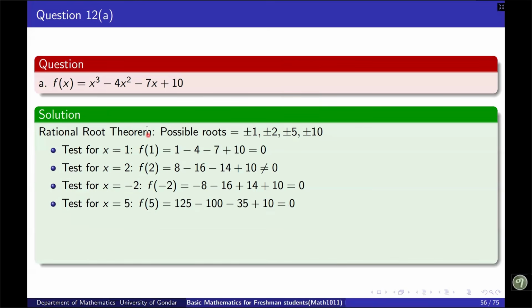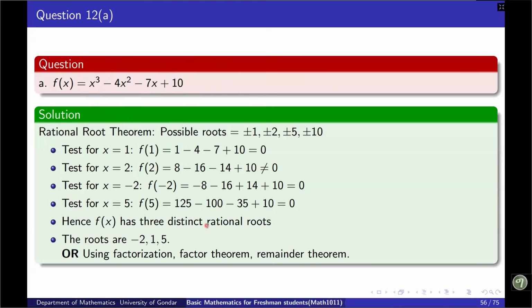Therefore, all the rational roots of this polynomial function are 1, negative 2, and 5. Hence, f of x has 3 distinct rational roots: minus 2, 1, and 5. Or, using the factor theorem combined with the remainder theorem, we can easily obtain the roots of the given polynomial function.